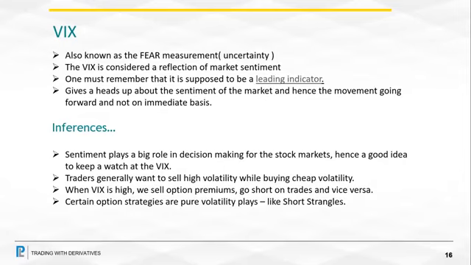option premiums, which we discussed in our first session, they rise as well, because option premiums are very directly proportional to the VIX. The more the VIX is high, the higher the premiums get, because there is uncertainty, and when there's uncertainty, people panic and there's some chaos in the market.